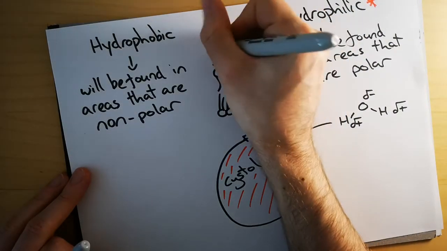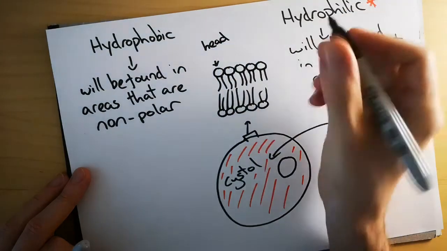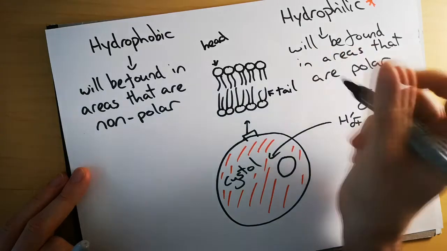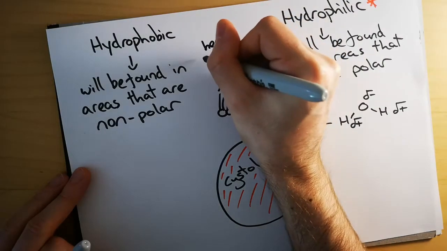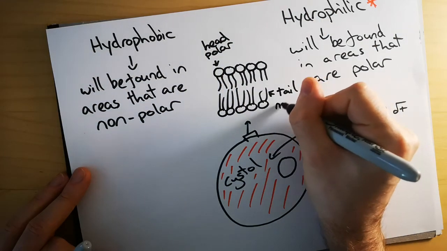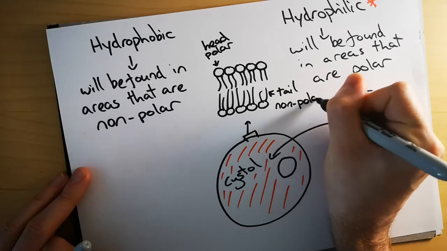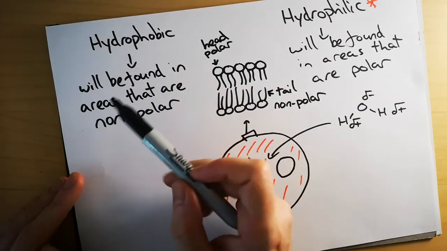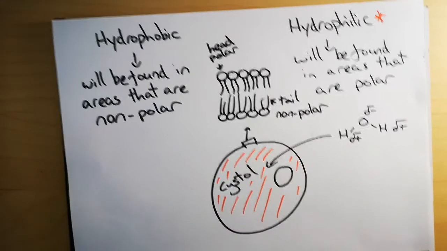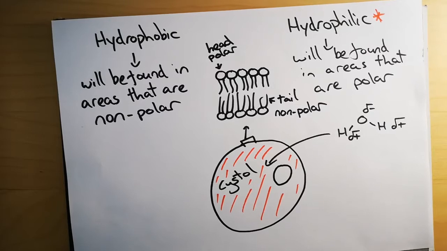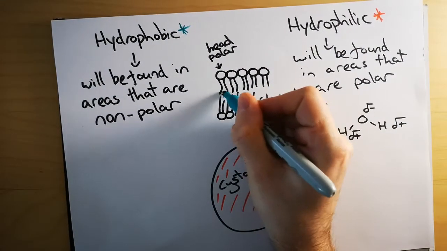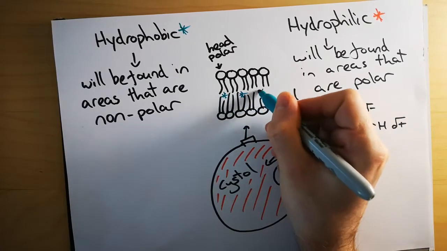So that is the head and that is the tail. And the head is polar and the tail is non-polar. So any sections of a protein that are hydrophobic are actually going to want to embed themselves in the tail region of the membrane. So they're going to want to be somewhere within here.